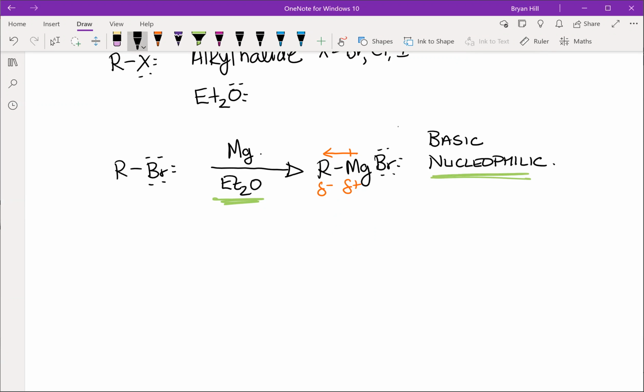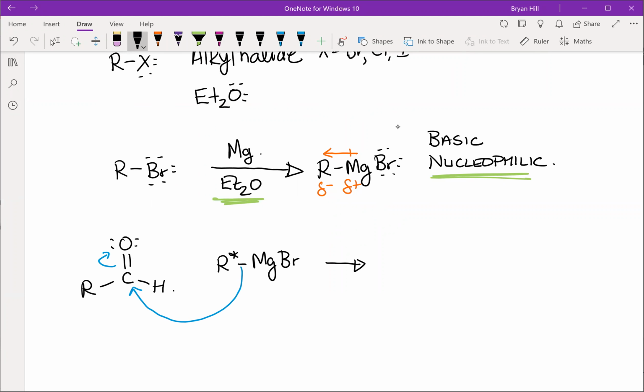So if we've got our carbonyl, I'll make it an aldehyde in this case, and let's say you had R star MgBr. This reaction is completely analogous to the reduction, except the thing doing the attacking is a carbon of some flavor. It could be a methyl, it could be an isopropyl, whatever it would be.